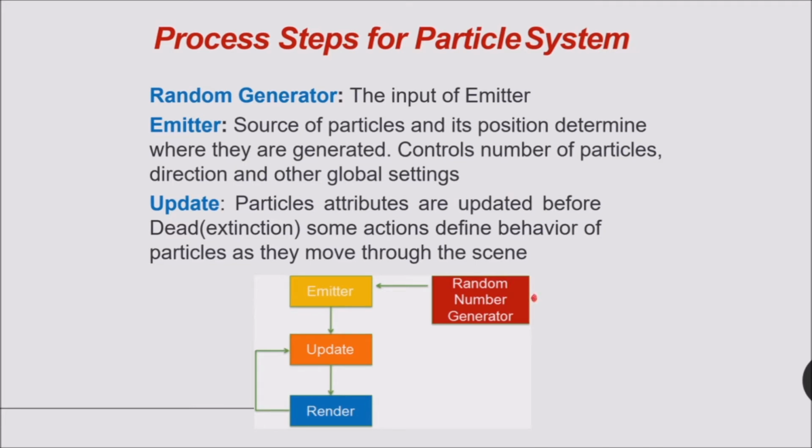What does this do? Well, you can have many particles, right? Some of the examples we have seen have 1 million or over, dots or things like that, right? But it doesn't mean that you have to generate all 1 million at the same time.